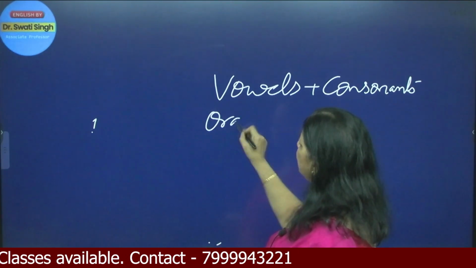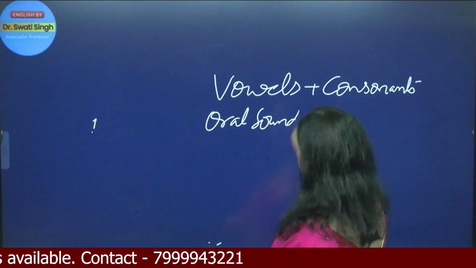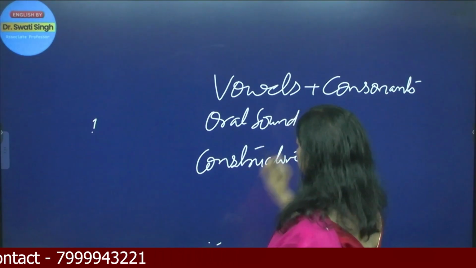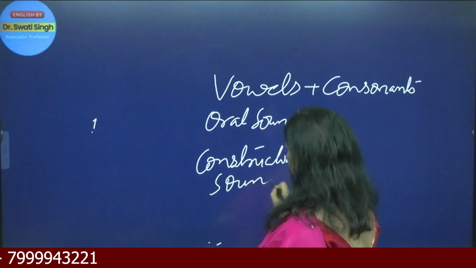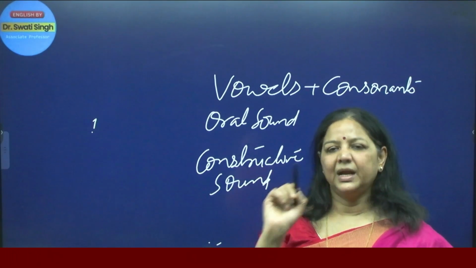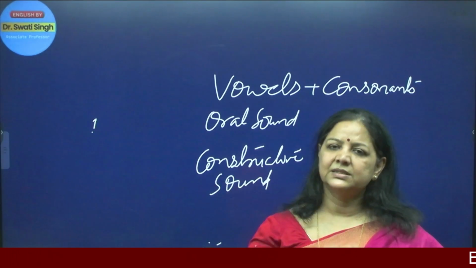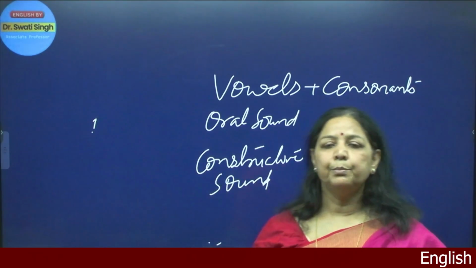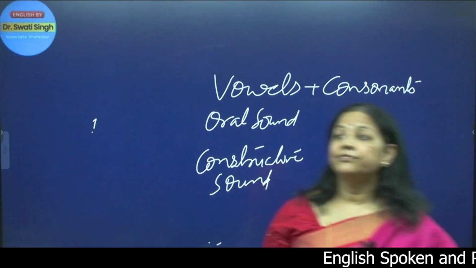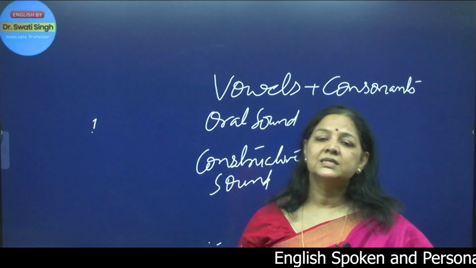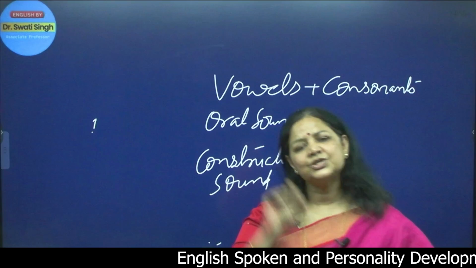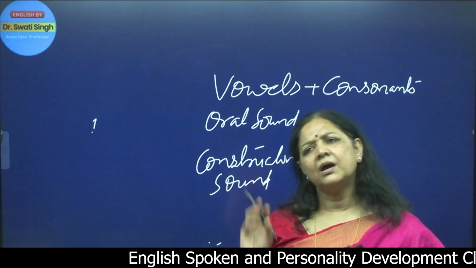Vowels are also called oral sounds or constructive sounds. Why? Because they are used for making any word. For example, pen, P-E-N, E is there. For example, board, B-O-A-R-D, O is there, A is there, right? For example, chip, C-H-I-P.